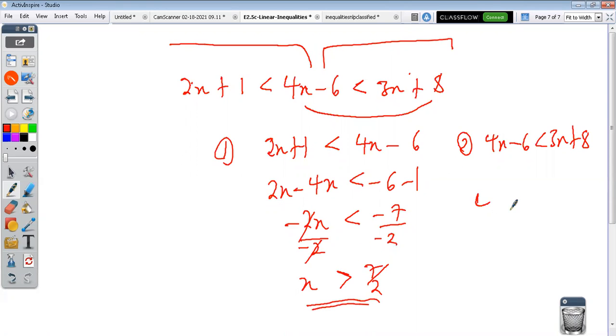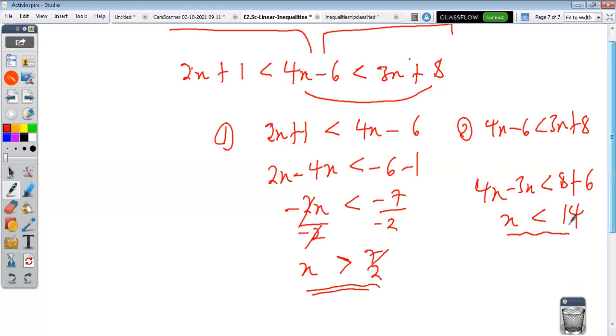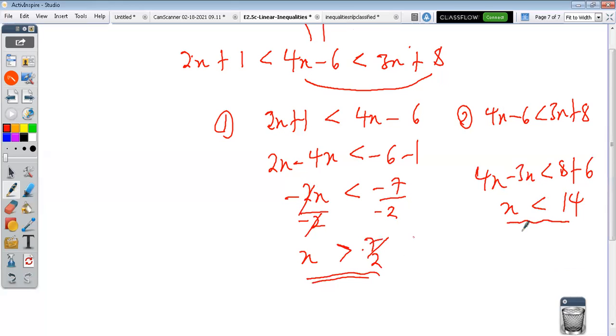Let's do the other part. So 4x, bring the 3x, it becomes a minus 3x less than 8 plus 6. And this is x less than 14. Can you see that? Making sense? So x is greater than this, but is less than this. We can actually combine.